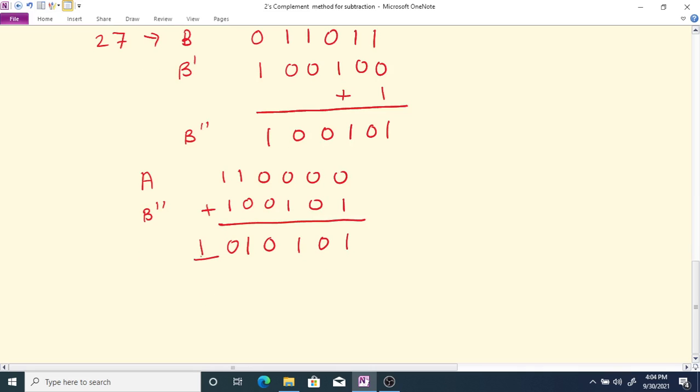So we have to discard this carry, or delete the carry, and the obtained answer is our final result. If we convert this into a decimal number, we will get 21. So the final result for our subtraction will be 010101, which is nothing but 21.